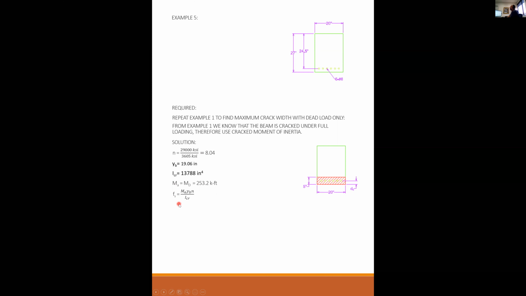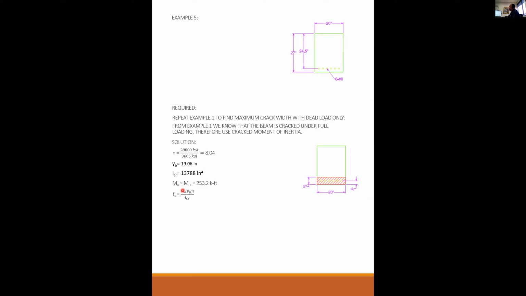Now we're moving into example 5. F sub S, remember, is the stress in the steel. F sub Y is the yielding stress. F sub S is the actual stress due to this load 253.2. So stress is equal to My over I, the flexural equation.